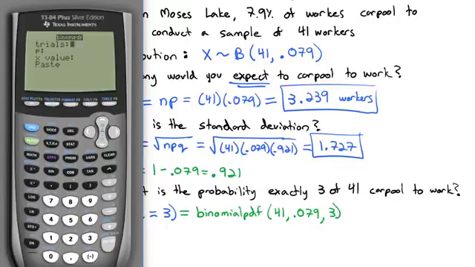Now, mine gives me the prompts, so I just have to enter the number of trials, 41, p, the probability of 0.079, the x value, the number of successes I want, which is 3, and then I can select paste. What that'll do is automatically type in the 41, 0.079, 3 for me.